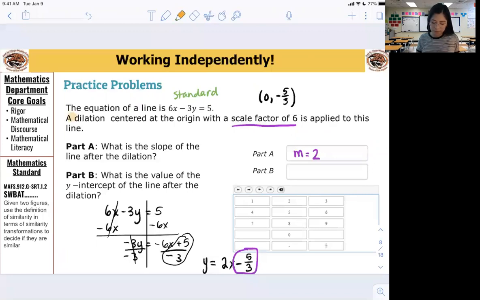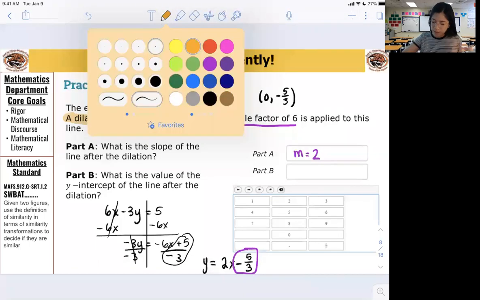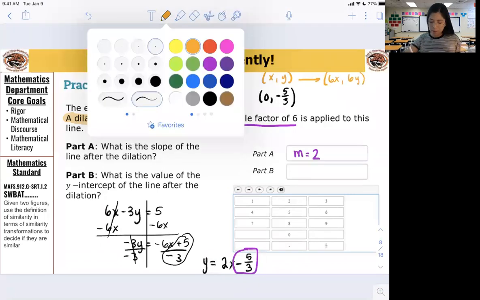Origin. It's at the origin. And what's the trick we can use only when it's centered at the origin? Exactly, Perla. So x comma y becomes 6 times x comma 6 times y. So we're just multiplying.